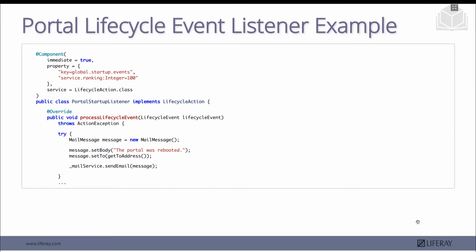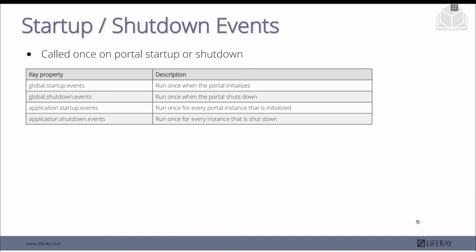So global startup events is just kind of a fancy way of saying when our whole Liferay instance starts up. Once it's starting up or as it's starting up, we want our chunk of code down here at the process lifecycle event to be run. So in this example, very simple, we're just sending off an email saying that our Liferay instance has been started or rebooted.